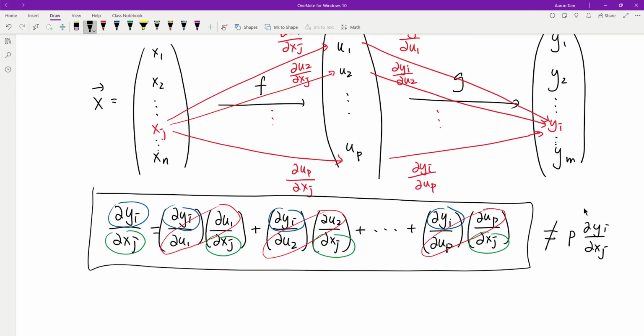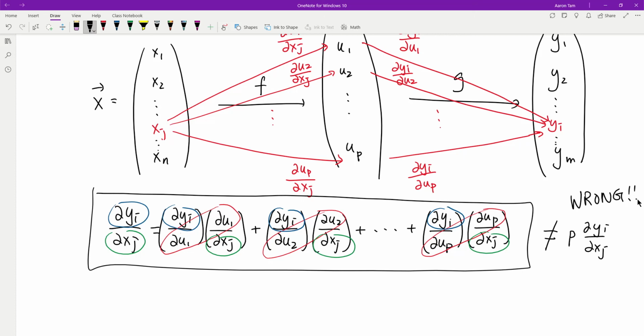That is not true. All of these add up to only 1 dy sub I over dx sub j. And how does that make sense mathematically? It makes sense because each of these products represents only one component of dy sub I over dx sub j. The component relating to u1, and then a second component relating to u2, and then a third component relating to u3, and on until the last component that represents up.